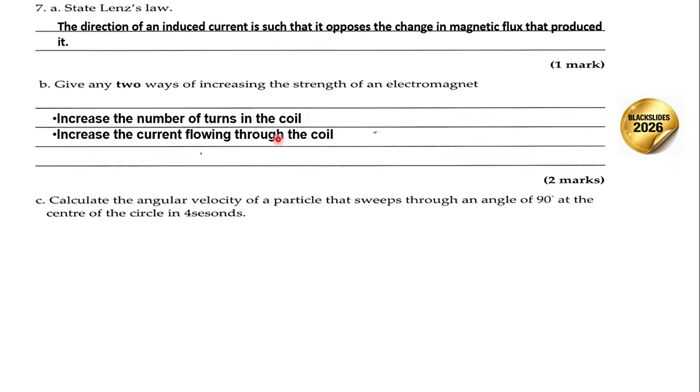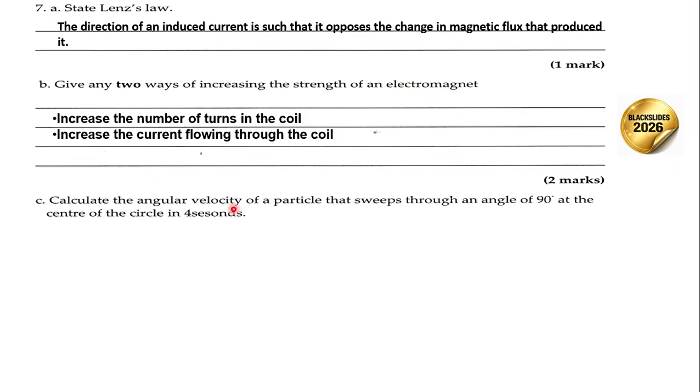You can also do the same if you say increase the voltage, which is the energy used to drive charge through the coil. And also make sure that you use a soft iron core.